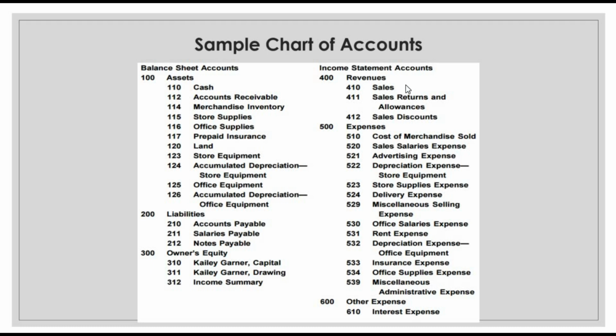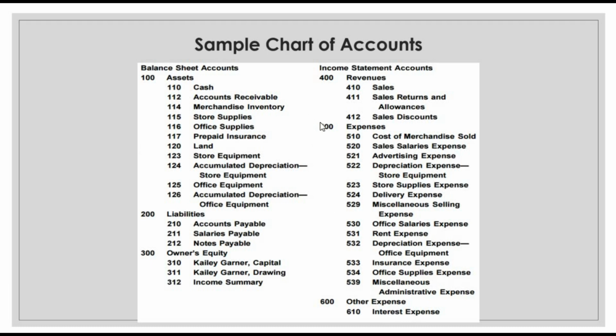But if this is a service concern, most probably your revenue account here would be service income. Then, 500 for expenses. This is applicable for merchandising, the cost of merchandise sold, and then the other types of expenses. Then, we have other expense, which is interest expense.